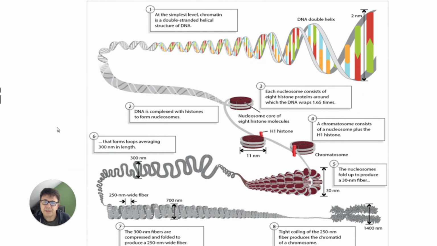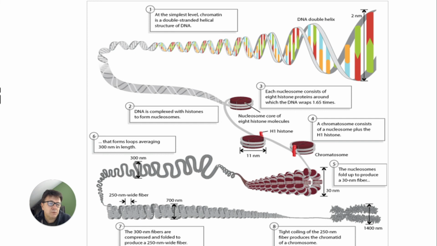Firstly, let's just talk briefly about the structure of DNA and the role of histones, because histones are very important in epigenetics. Chromatin is a double-stranded helical structure of DNA that is wound around, complexed with histones to form nucleosomes, and they consist of histone proteins, because histone is a protein.